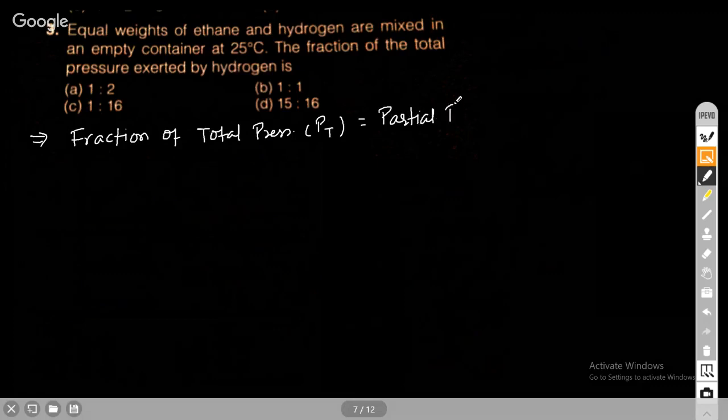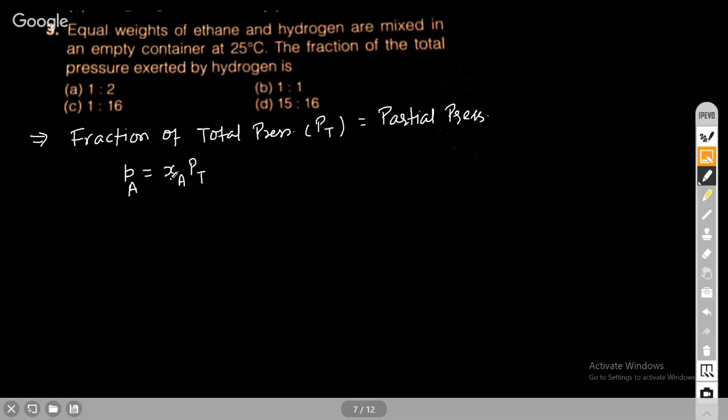So we know the partial pressure P of any component is equals to the mole fraction of that component into total pressure PT. Suppose the component is A, so partial pressure of A is equals to the mole fraction of A into total pressure.